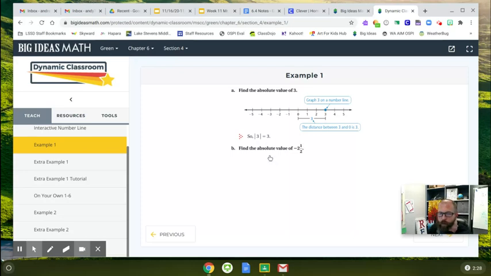Now this one says find the absolute value of negative 2.5. And remember, the absolute value is the distance from 0. So if we look at a number line, the distance of negative 2.5 from 0 is 2.5, right? So the absolute value of negative 2.5, notice how it's inside these bars, is just 2.5. Think of it like if you owe somebody money, you're negative $2.50.